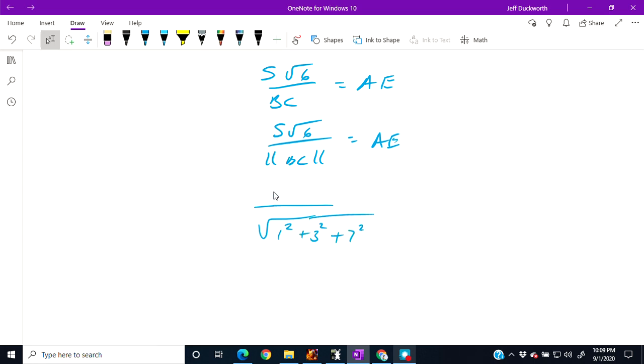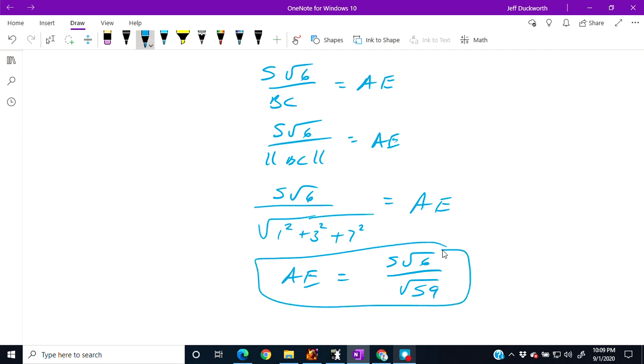All right. And again, just go up and take a look at those numbers, open your book and look at it. And that's 5√6. So that means AE equals 5√6 over the square root of 59. We can combine that if we want, but it looks fine right now. So let's say that that's our answer. And this is part C.